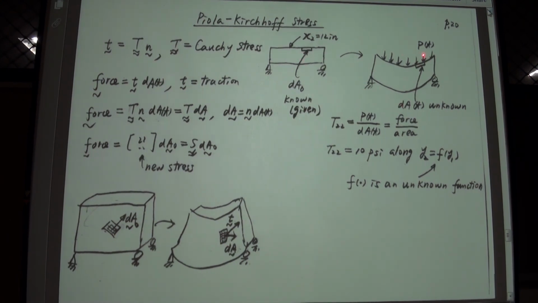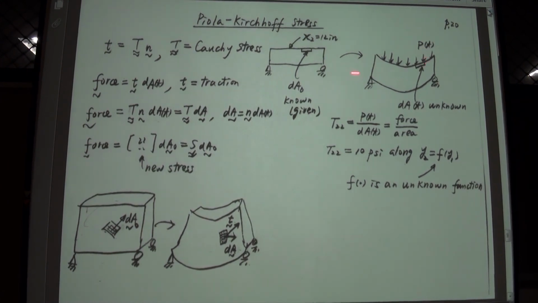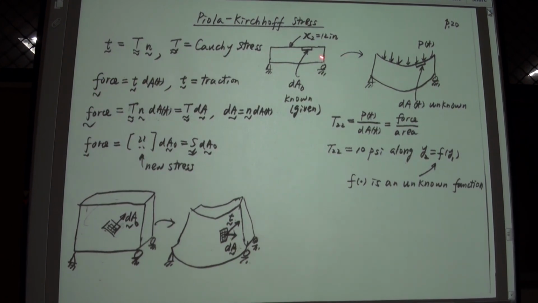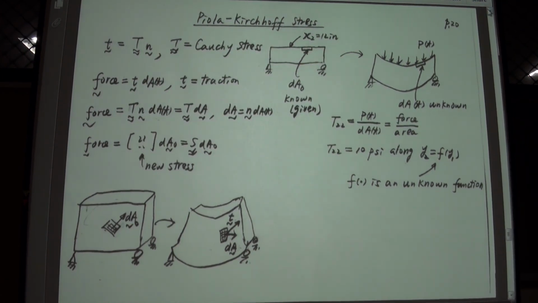Okay, if we relate P to dA here, then the situation is worse, is bad. Now, if we can replace this and describe PT on this boundary, this is a long boundary, x2 equal to 12 inch, for example, then the situation will become easier.